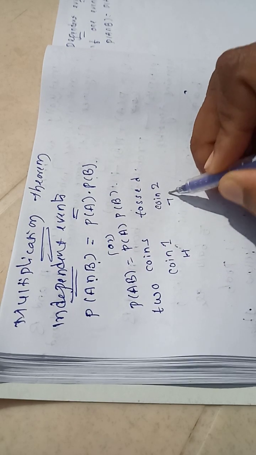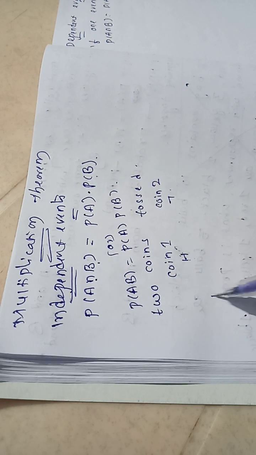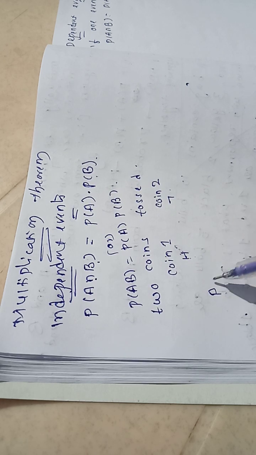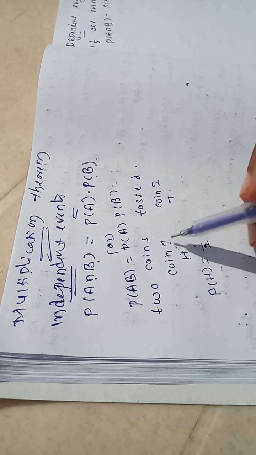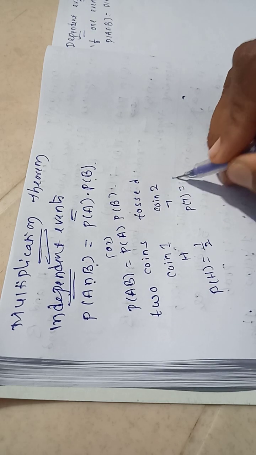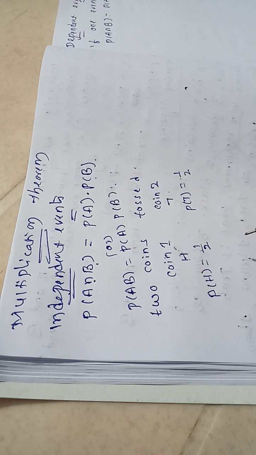Coin 2 showed tail. In the case of coin 1, the probability of finding head is 1/2 chance only, because tail is also there. And the probability of finding tail in this coin is also 1/2.